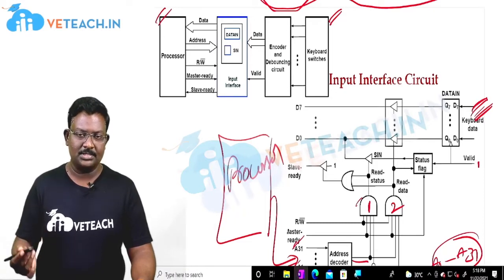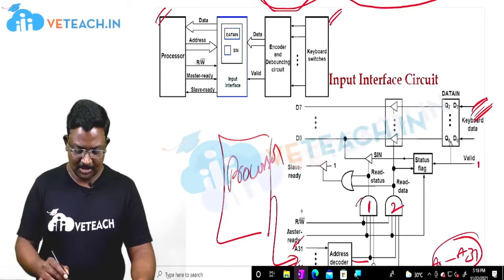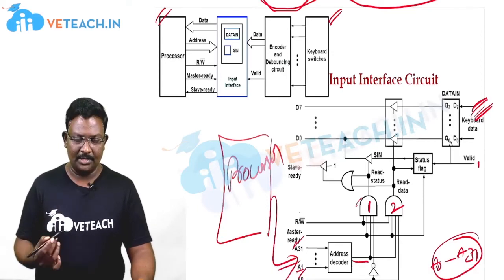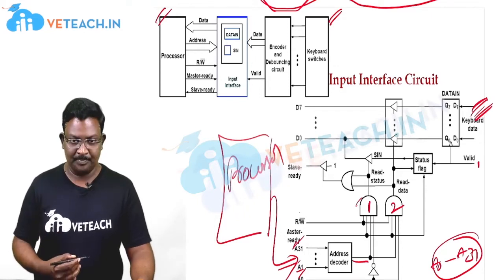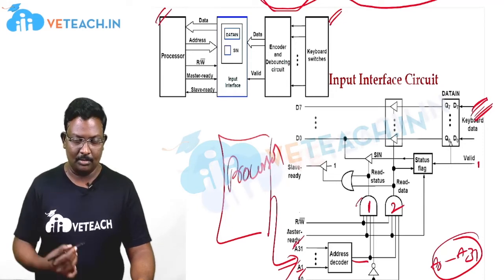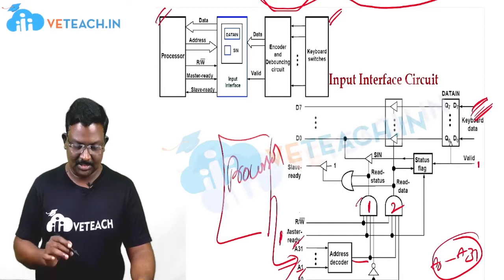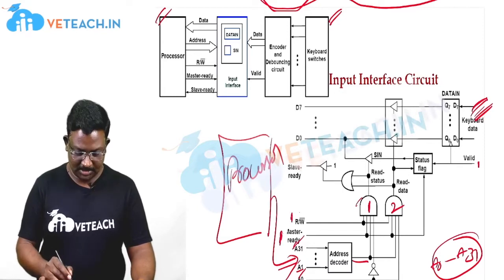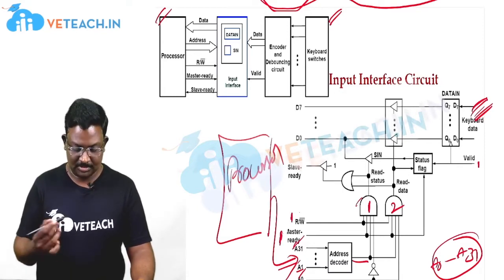Whatever operation we are performing, either read or write, we are going to place that signal here. Here we are going to perform the read operation from the input device. So the master ready signal will be 1 here, and the read signal is also 1 here.